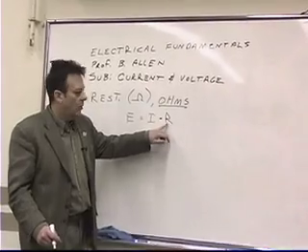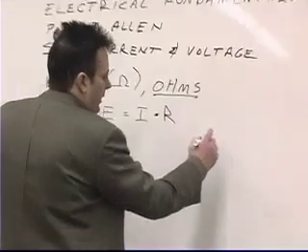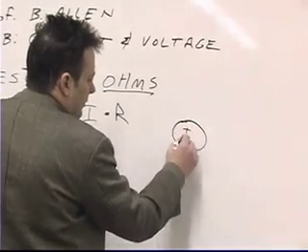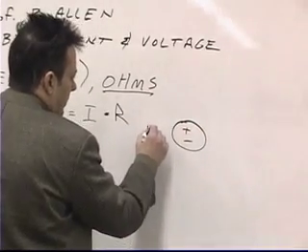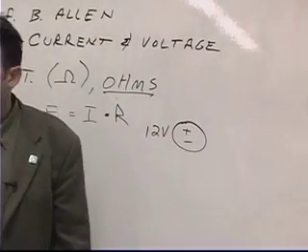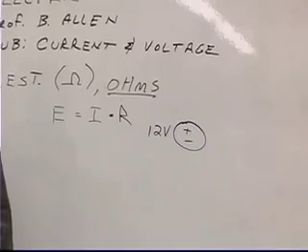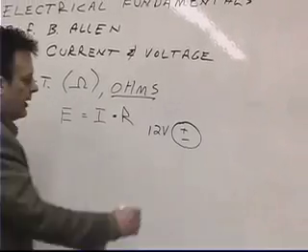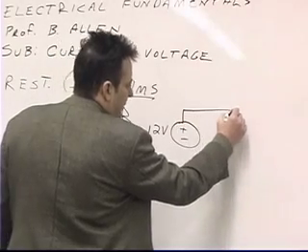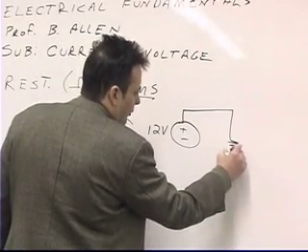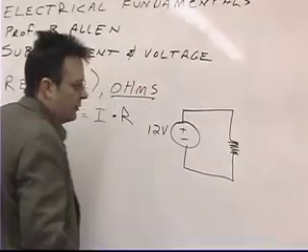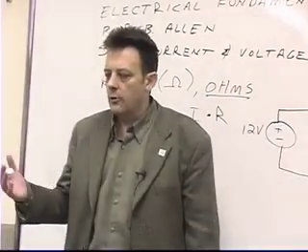So let's say that I had a battery, and the battery was a 12-volt battery from Walmart. And I took that battery and I hooked it up to a hairdryer. And I'm going to represent that hairdryer by the resistance that's in the hairdryer.